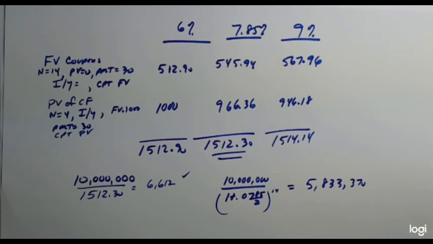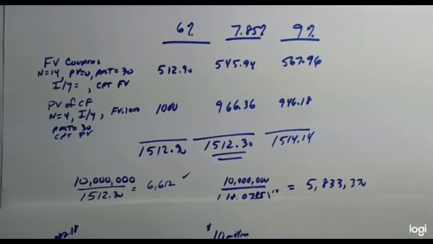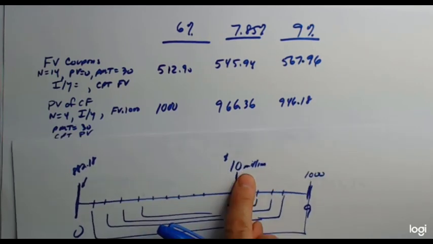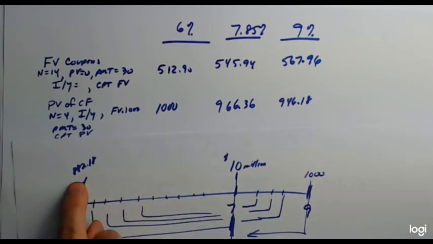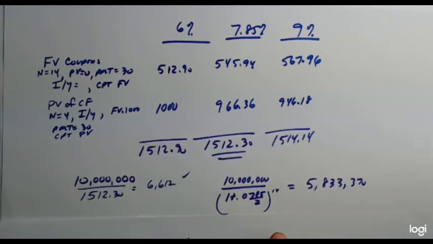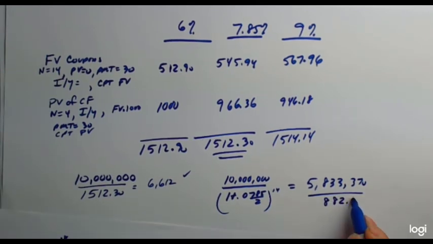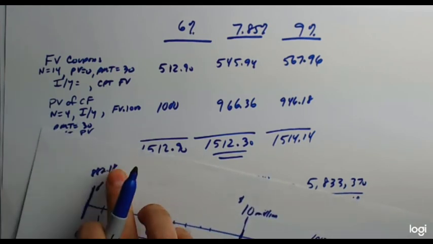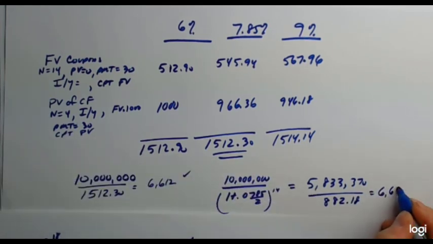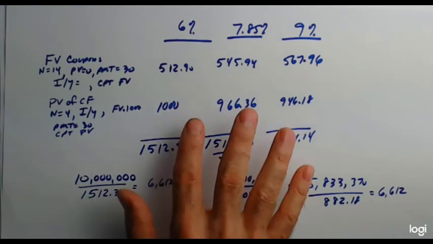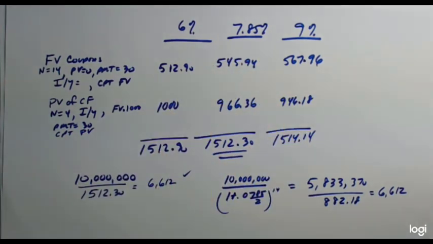So what we're saying is, if you compute the present value of that liability at this point, it is $5,833,370. Each bond is worth $882.18 right here. That comes out to be 6,612 bonds needed to get this situation under control, so we have no interest rate risk, provided interest rates don't change too much. And we've done it very efficiently with coupon bonds that have a decent yield.